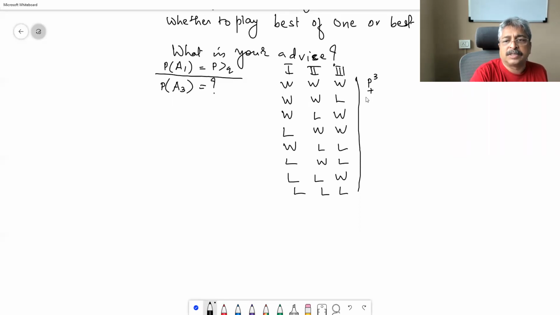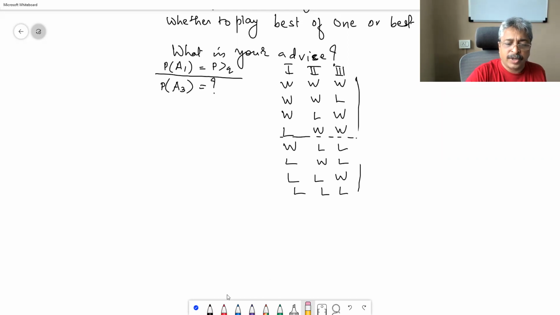Or means plus. First match is p, second match is p, third match is q: p square q, plus p square q, plus p square q. Then plus p q square. Now ignore this plus sign, I am just counting for the first time.